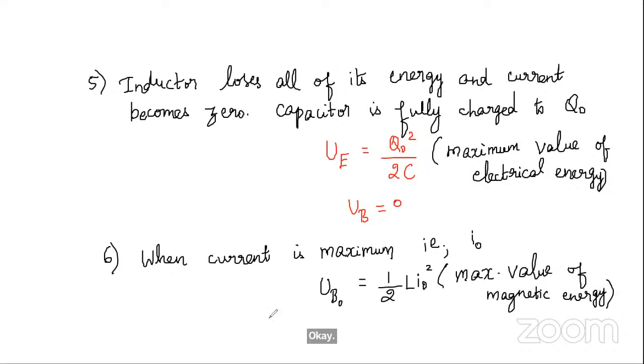So both these energies are actually equal, because the total energy is conserved. This is the total electrical energy, this is the total magnetic energy. Actually, energy can neither be created nor be destroyed.